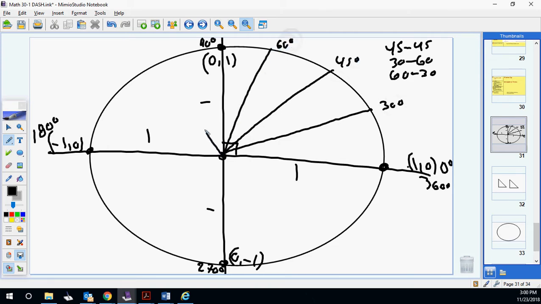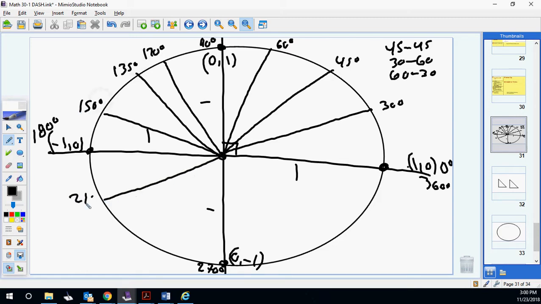But then it just changes because now I'm adding 30 to 90, so 120, 135, excuse my human error here, 150. Then 180, the next one, 30 more is 210. Okay, and then we have 225.